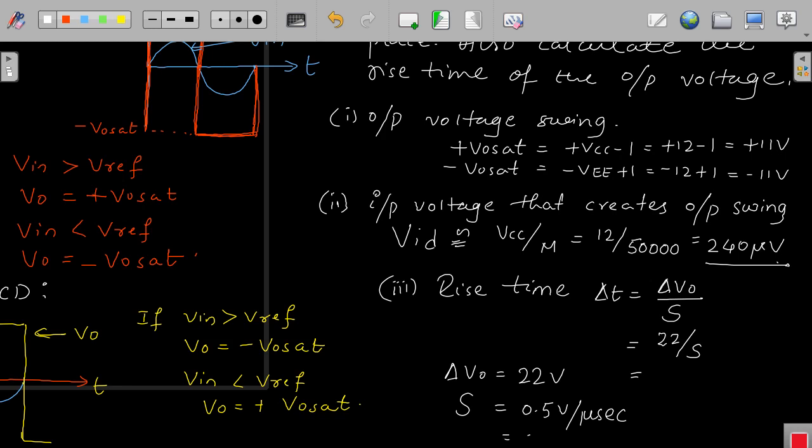So here I will have to substitute 0.5 into 10 to the power of 6. 44 microseconds.